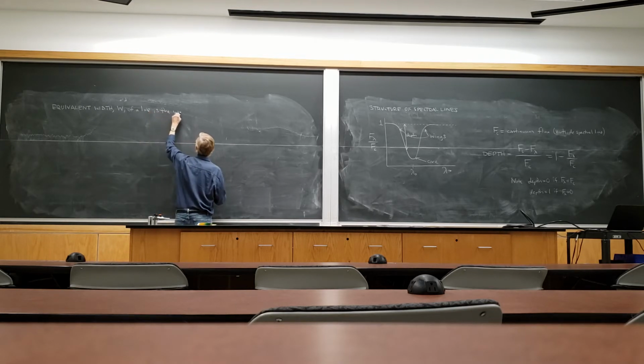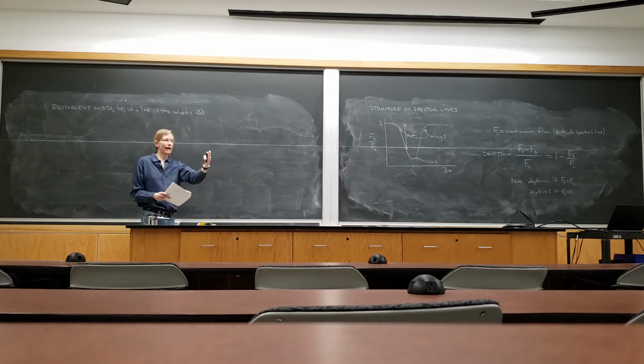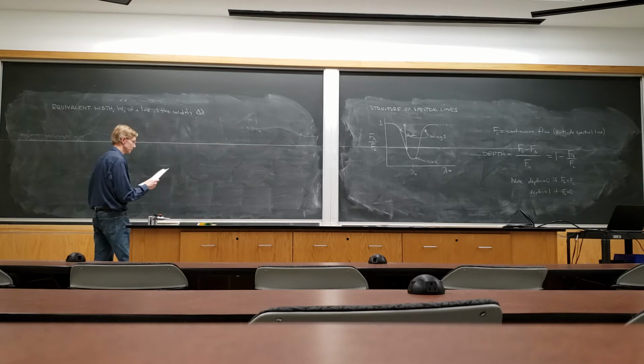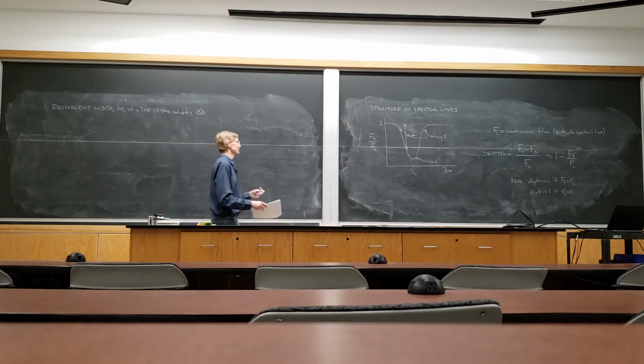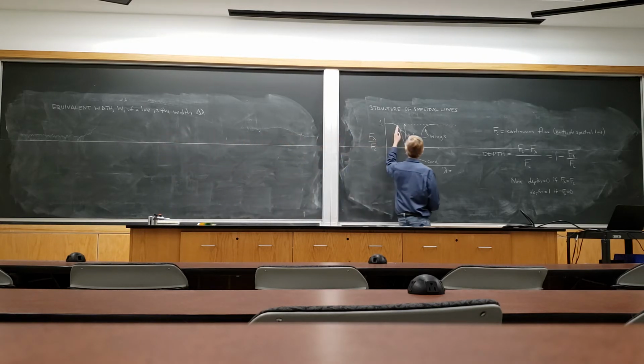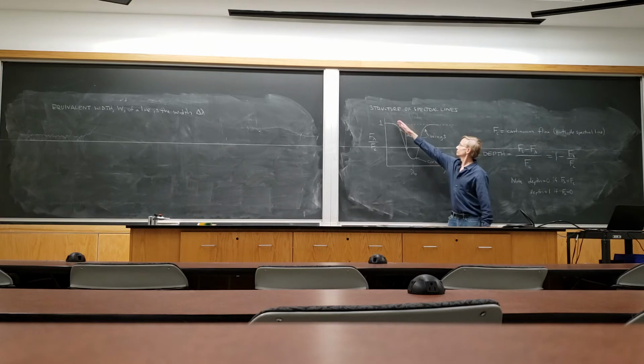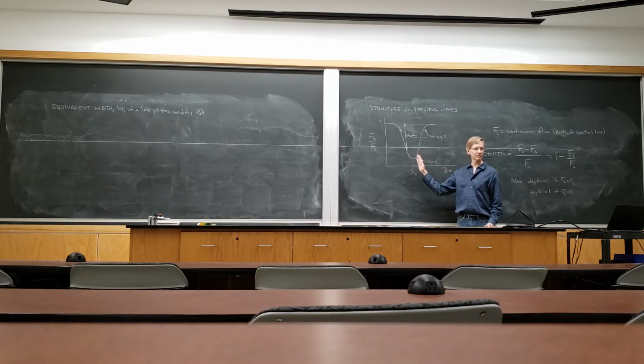It is the width, delta lambda, in other words how broad in wavelength, of a completely black line that has the same area under the curve. If I integrated to find the area under the dashed line of the spectral line, then the equivalent width is how wide a completely black spectral line would be that had the same area under it.